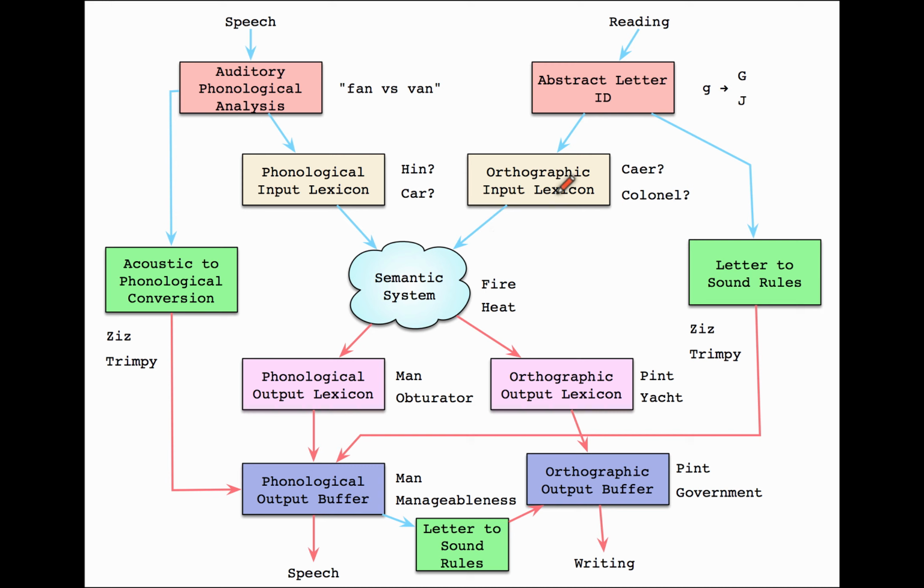If anybody's interested, I can point you in the right direction, reading-wise. So here in the orthographic input lexicon, we're doing the same thing. We're recognizing whether words are real or not, whether they exist in our mental dictionary or not.